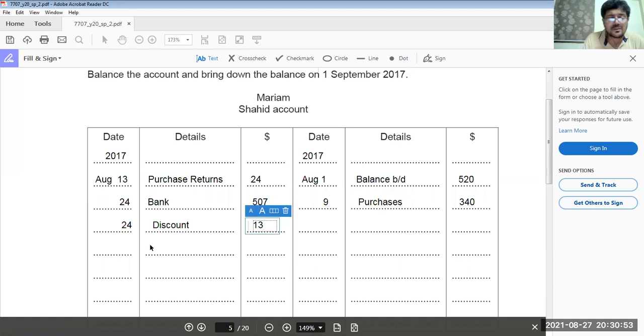Now what is the total? What do you have to write over here? On 31st August, you have to write balance CD here. So 520 plus 340, 860, minus 24, minus 527, minus 13. 316 is balance CD. 316. Then what you have to write over here? The totals.